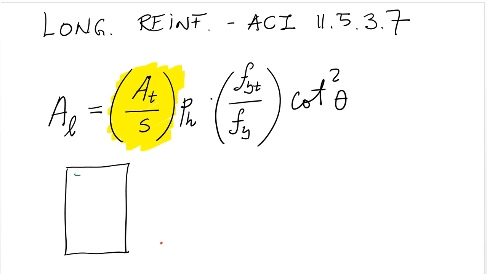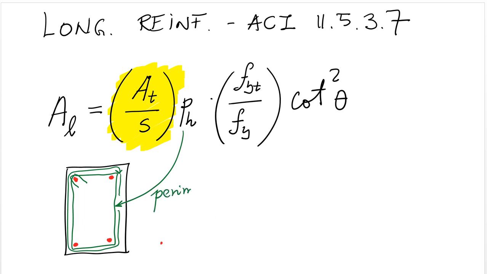So if this is your beam and this is your transverse reinforcement, and here you have your longitudinal reinforcement, ph is the perimeter of this, right? Perimeter of transverse reinforcement.